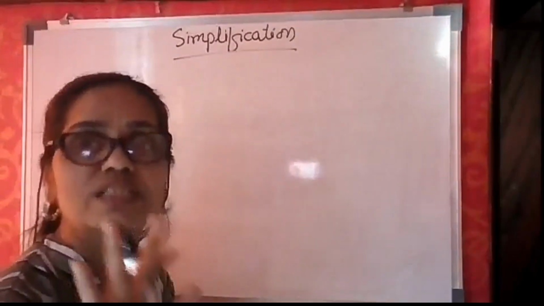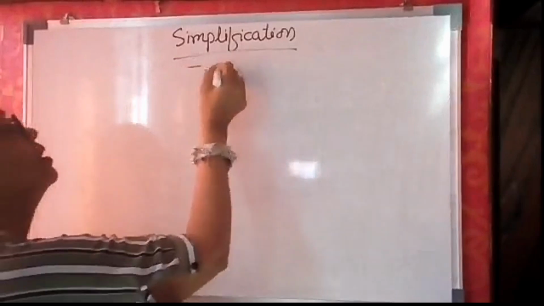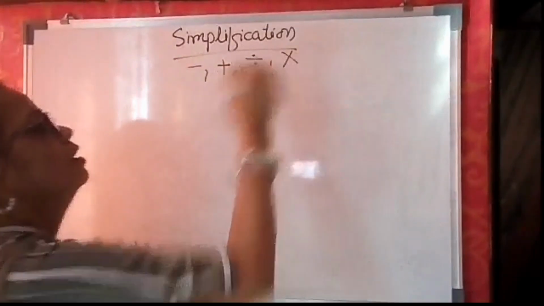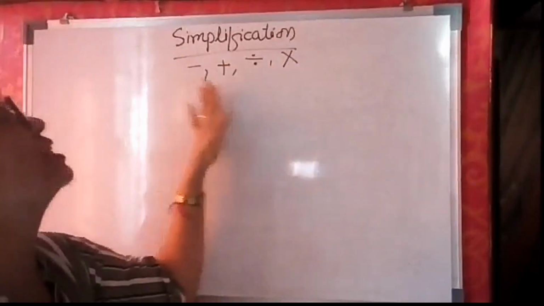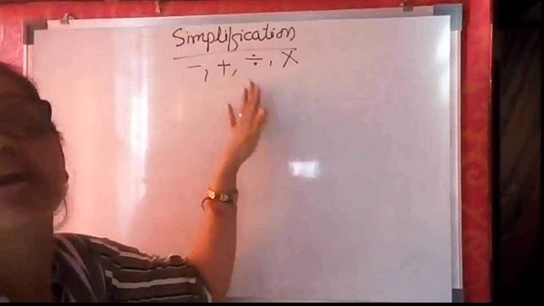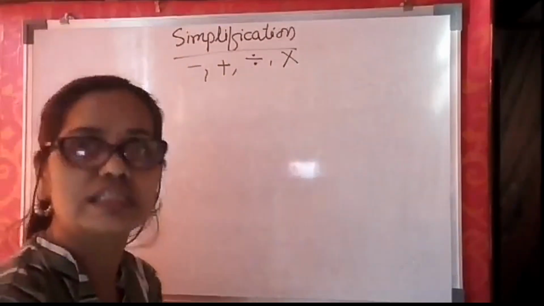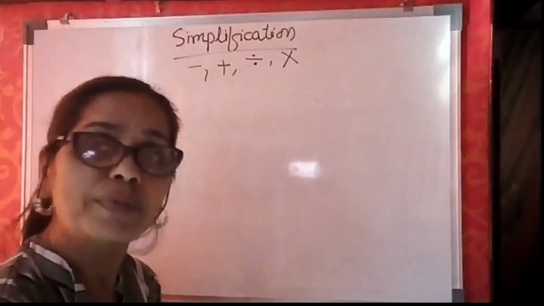Now I am giving you 4 operations. Operations means you will come to know when I write. Now these are called operations like subtraction, addition, division, multiplication, right? Now children, my question is, arrange the operations in a proper way.